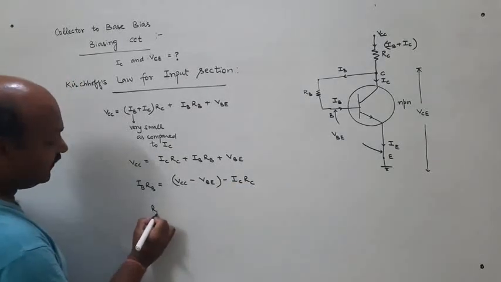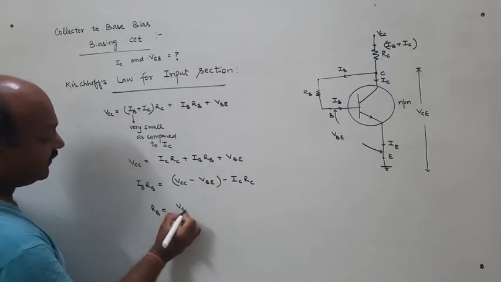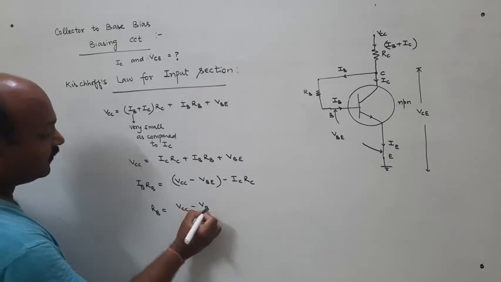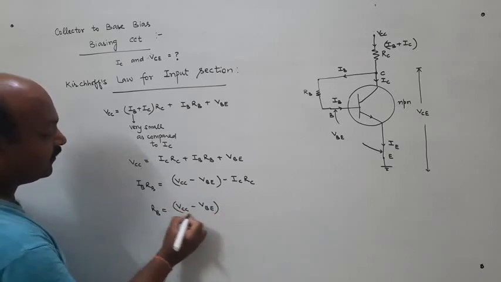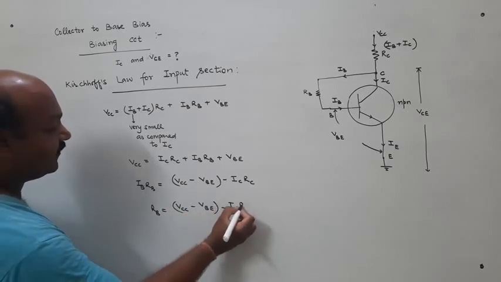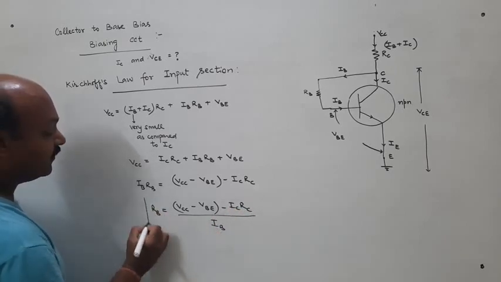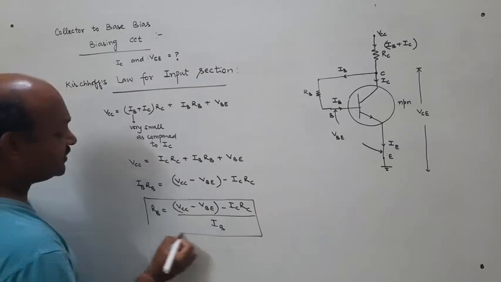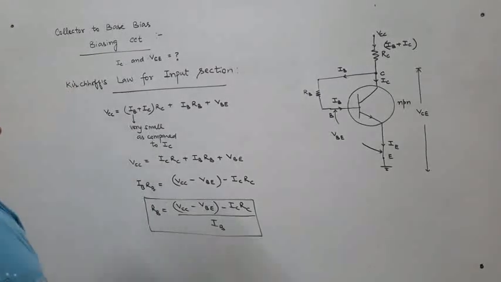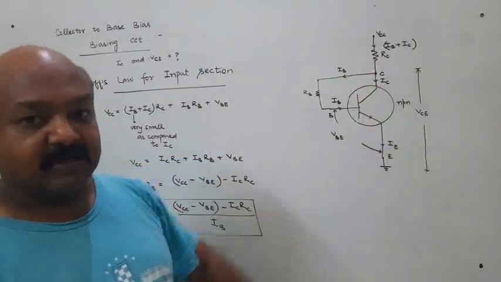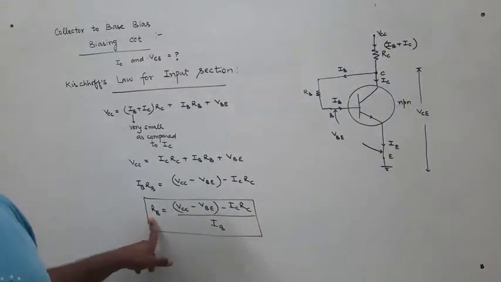So RB can be calculated like this. This is the first output that we get from the circuit, the value of RB.